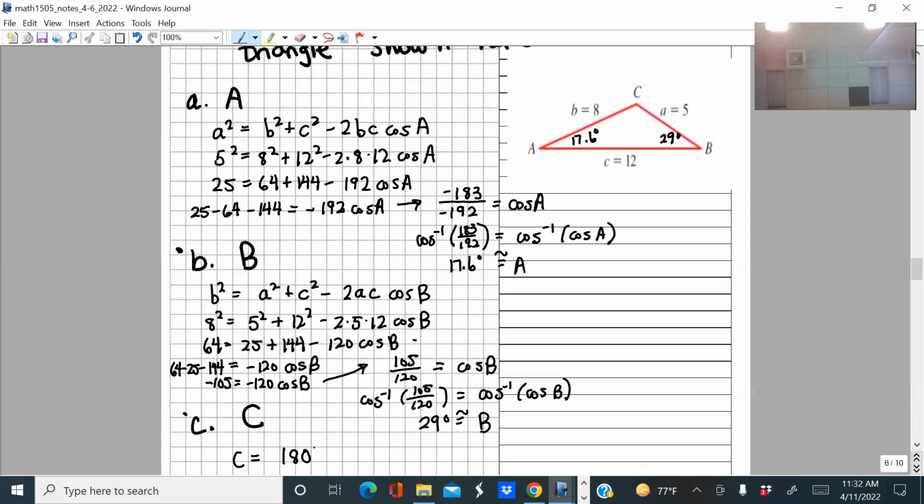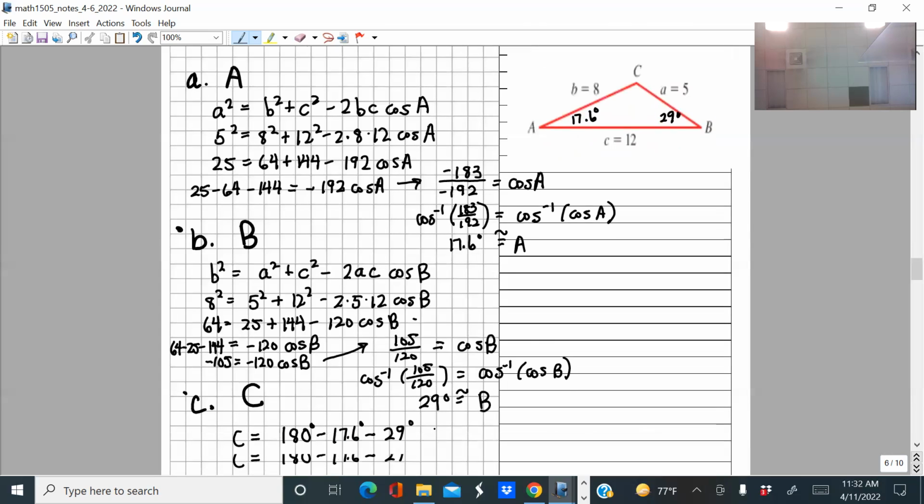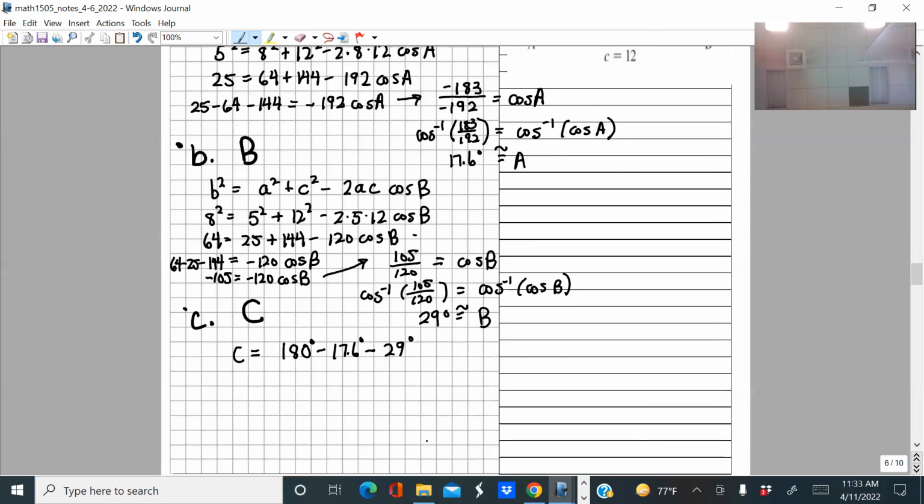So just take 180 minus the 17.6, and then also minus the 29. That should give us the size of angle C, approximately. So C is going to be about 133.4.